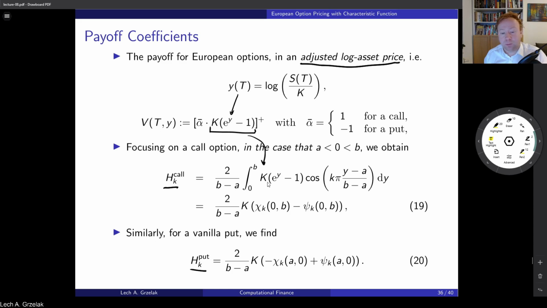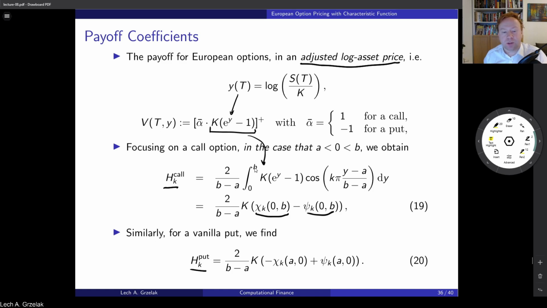Because we have a minus sign here, we can decompose this representation into two elements: K times e^y times cosine, and then minus K times cosine. Of course, K is constant, so it can go outside the expectation, outside this integral. Then we essentially have a difference of two integrals, represented in this generic form: psi and chi with some boundaries, (a, 0) and (0, b), and for a put option, so for alpha equal to -1, we have a slightly different representation, but again with the same functions.